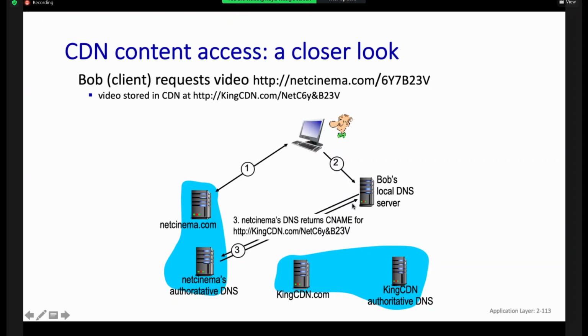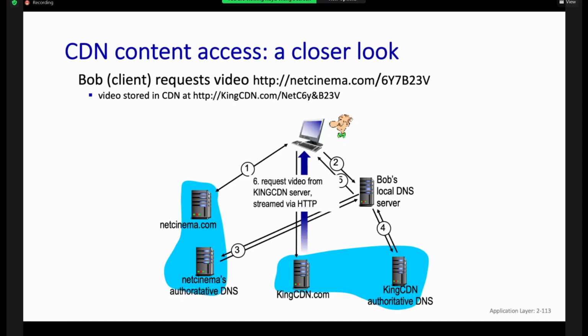If we use a CNAME, we can get the true name, the canonical name, for those servers, especially the third-party DNS servers here. After this, Bob's local DNS server can use this to find the CDN authoritative DNS server.